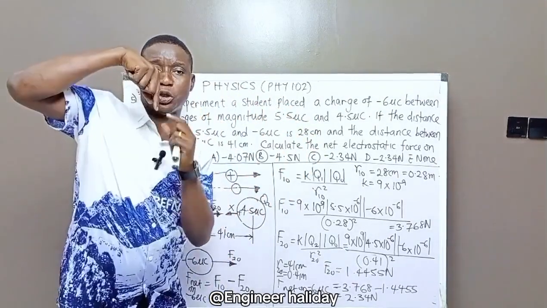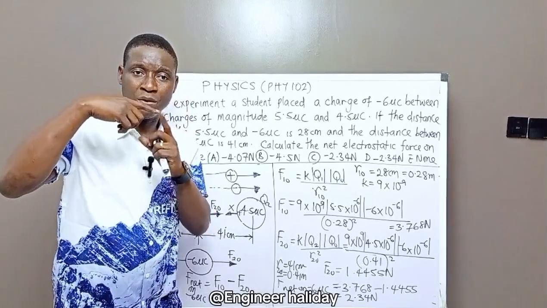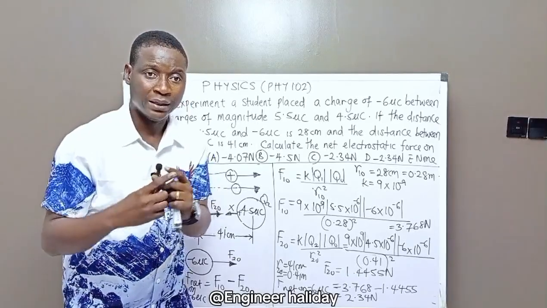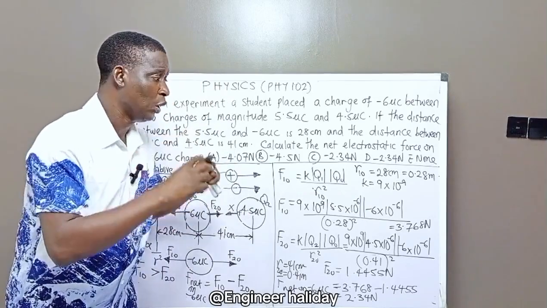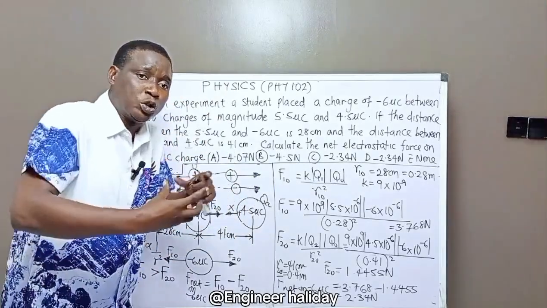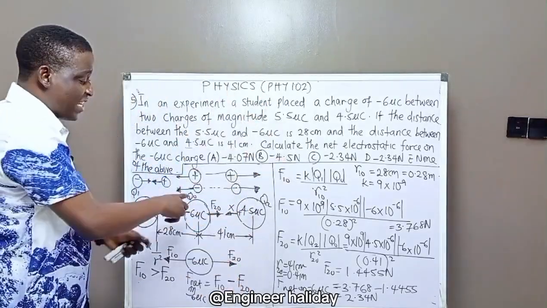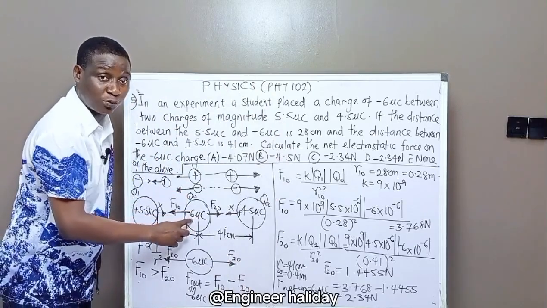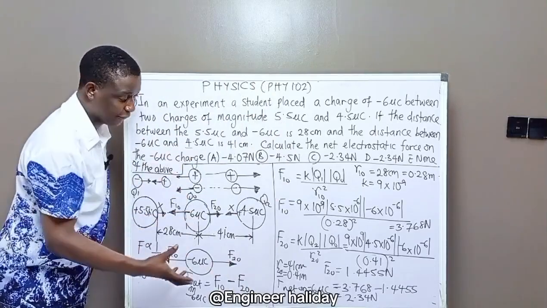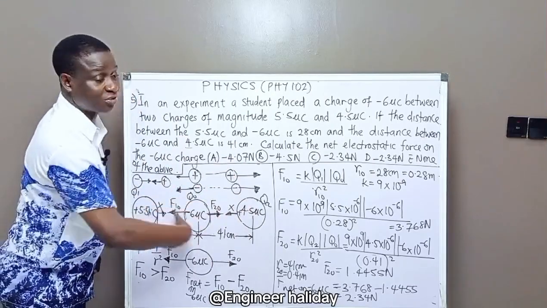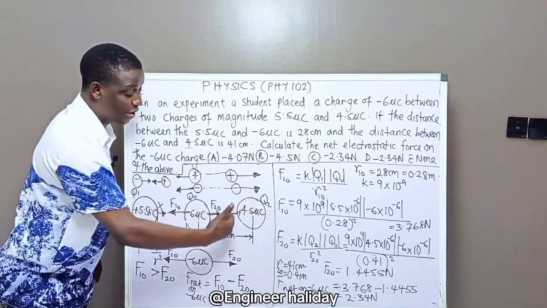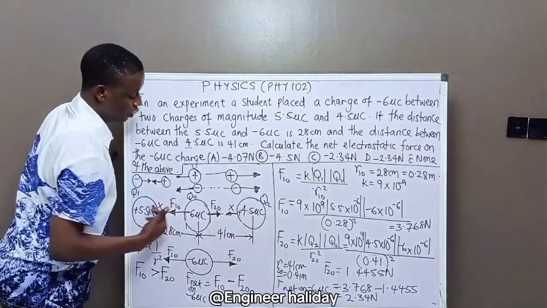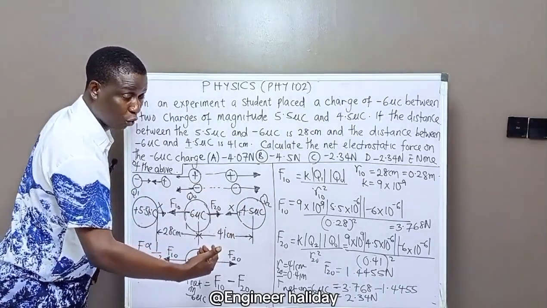Anytime you have repulsion dominating a system, you have plus added to the force. That is to say you check which one is having more influence on the net force on the charge you are calculating. Here the whole system is attraction. In a complex case where one is giving repulsion and the other attraction, then you will know what they are saying.